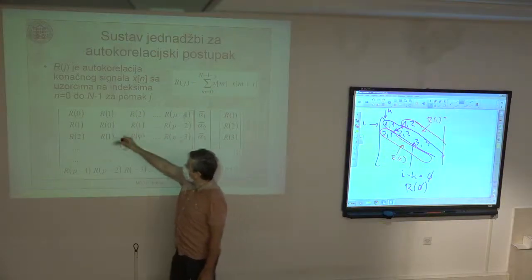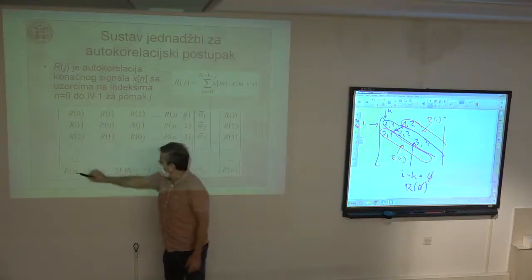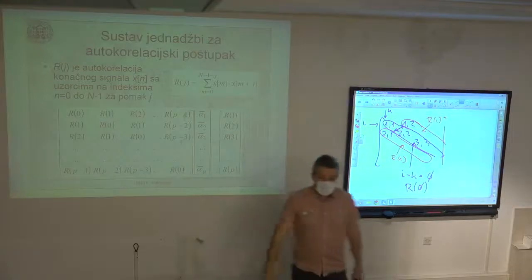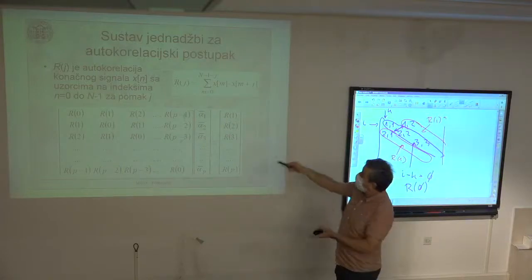I have to compute the autocorrelation with lag 0, with lag 1, with lag 2, up to lag p minus 1. So now I have defined the whole autocorrelation matrix phi xx.